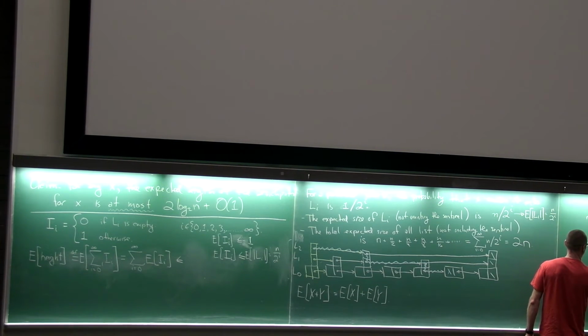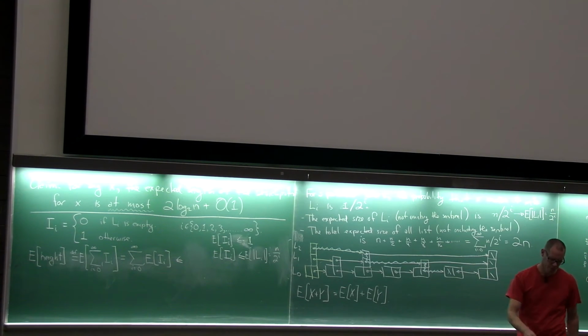And at 2, here it is at n over 4. And then at 3, here it is at n over 8. So it makes this exponentially decreasing curve.